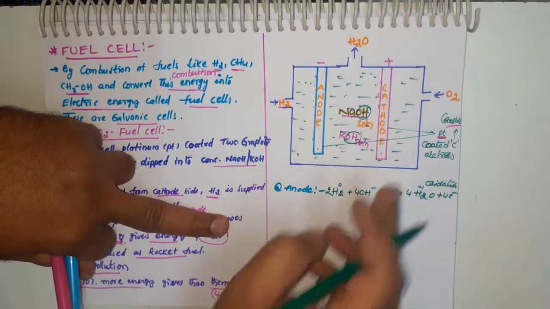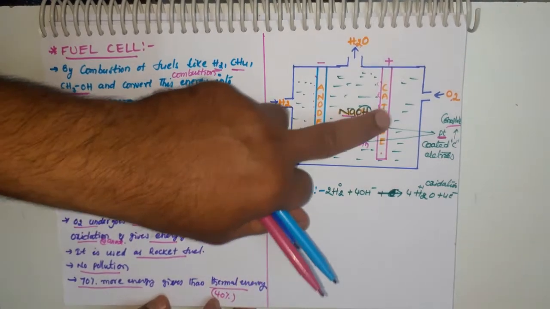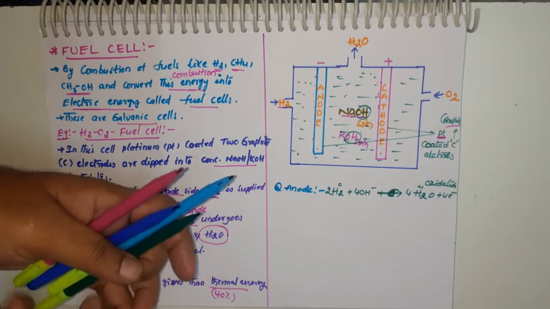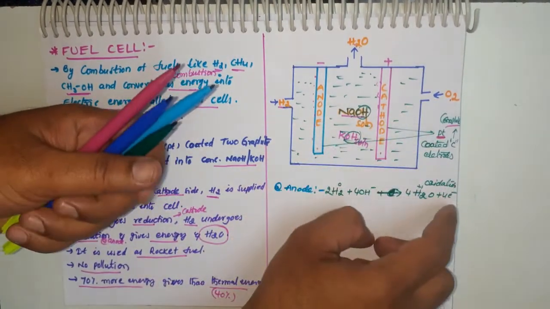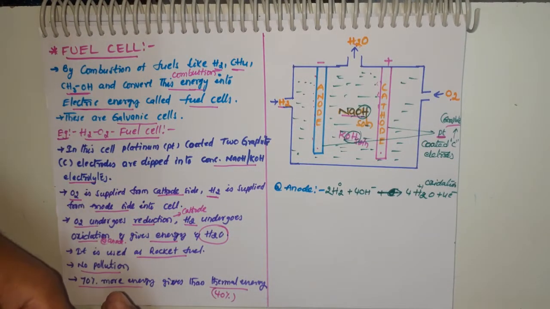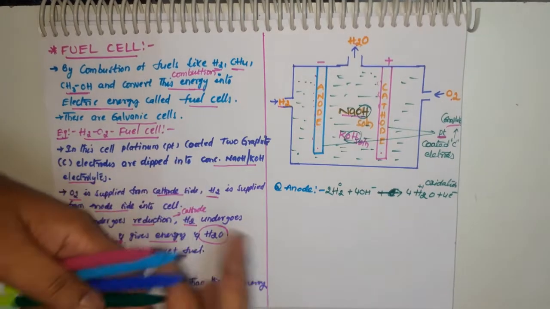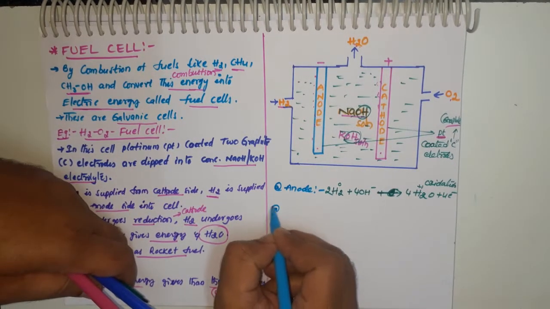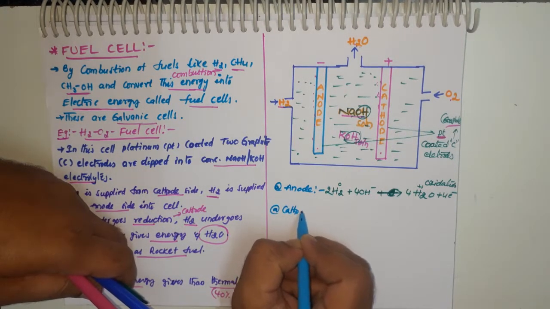These electrons travel to the cathode and here oxygen receives those electrons and undergoes reduction. At the cathode, what happens?